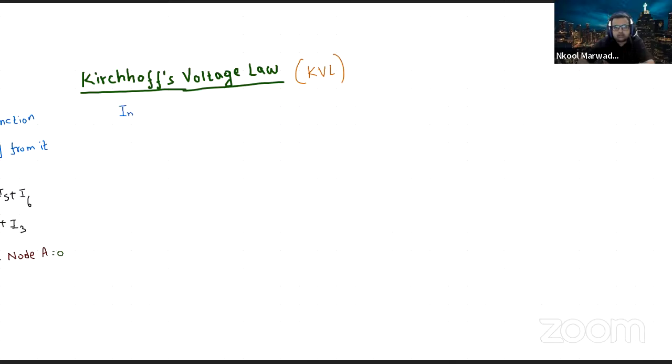In a closed circuit, the sum of the potential drops is equal to the sum of the potential rises.